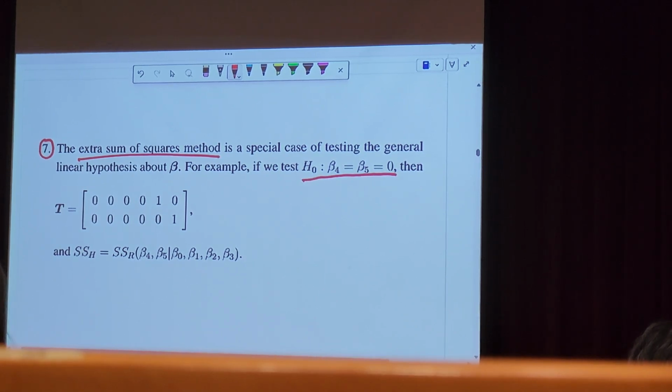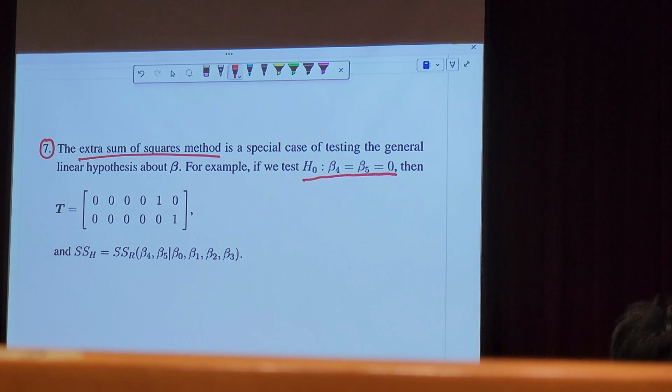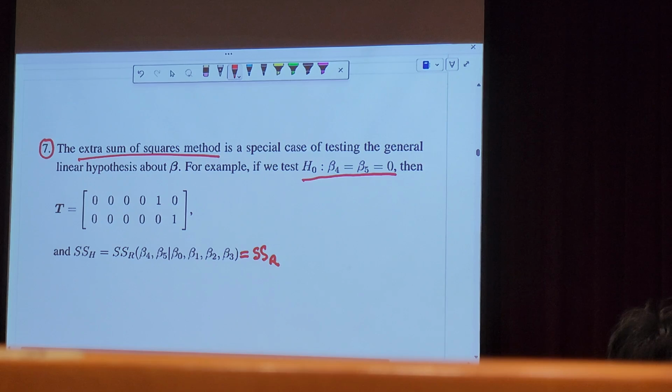So for example, my full model will comprise beta naught, beta 1, beta 2, beta 3, 4 and 5. But the reduced model will only be based on beta naught, beta 1, beta 2, beta 3. So this is the sum of squares that we use when we look at the extra sum of squares method.